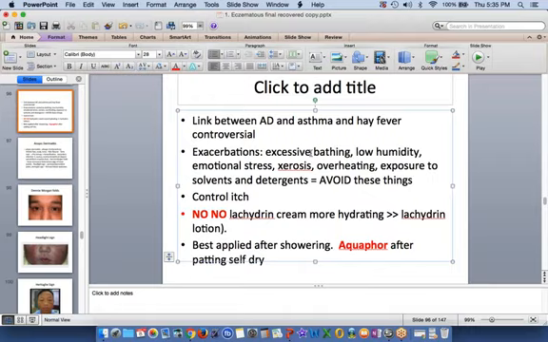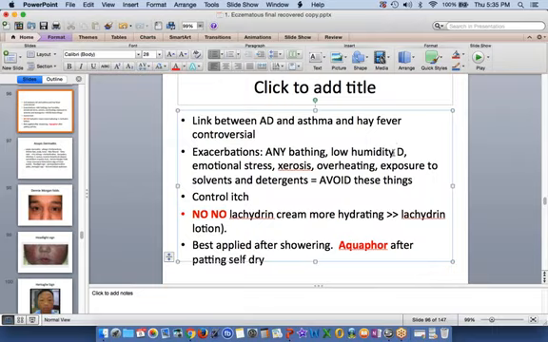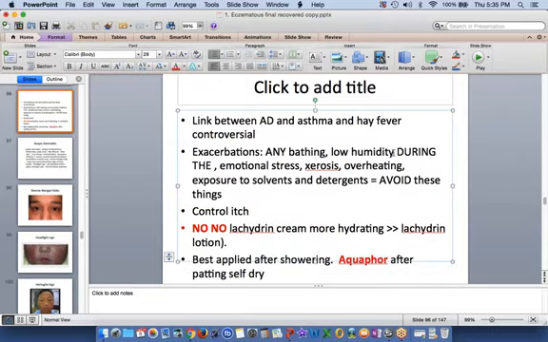Exacerbations, you see, I wouldn't even say excessive. I would say any bathing. Low humidity, which we find during the winter. Emotional stress, I've not seen that. I think stress makes everything worse because you become uptight and a little itch becomes a big itch, okay?